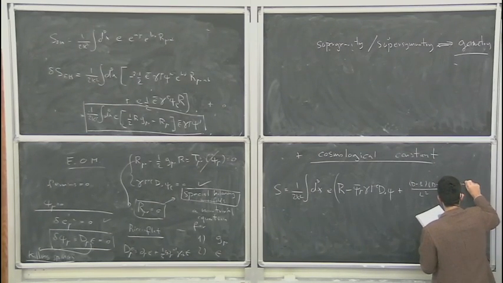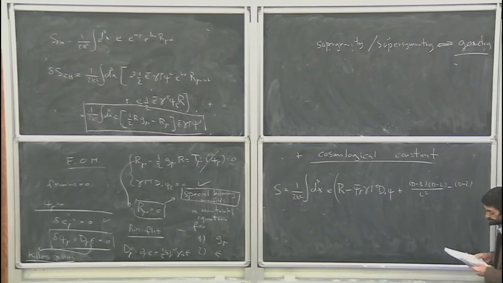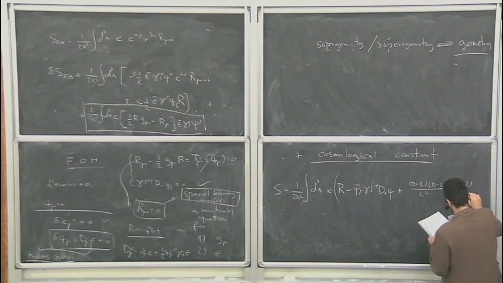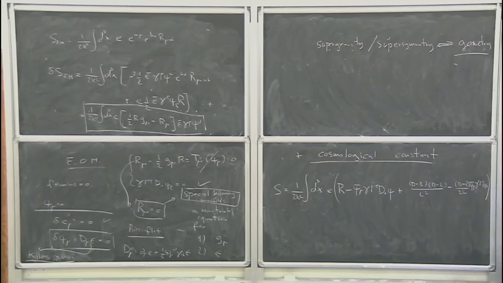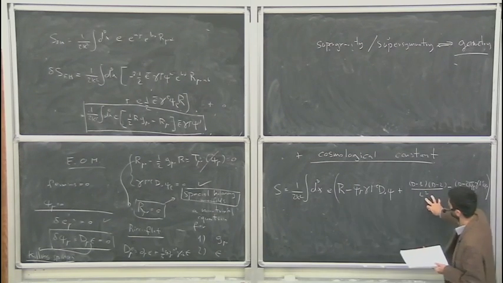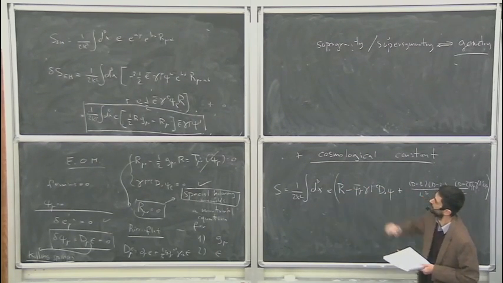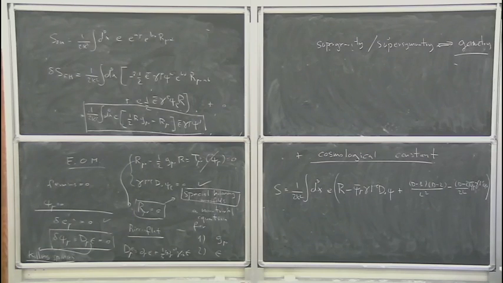And this value depends on the number of dimensions. And there is also a fermionic modification to the action. Sorry, I don't want to go on the next line, so let me write this in a way that you can't read it. Okay, so these are the two modifications to the initial supersymmetric action that I have to introduce.